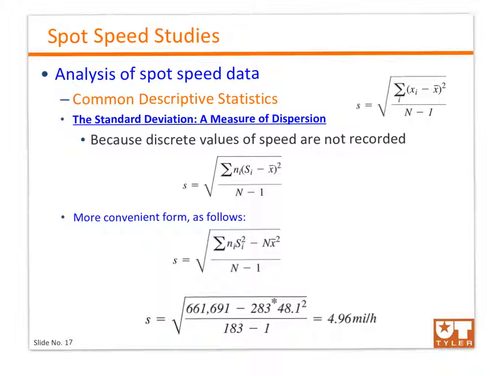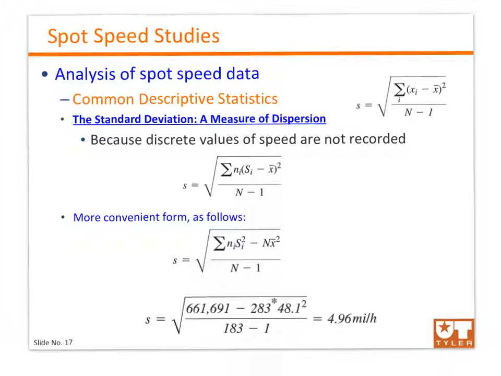To be even more convenient, you can go all the way to the simplest form, and that's why you see from the table that we discussed early on that we need this value: the frequency of cars at a certain speed, times that speed squared, minus N, the total number of cars, times the average speed squared, over N minus 1.